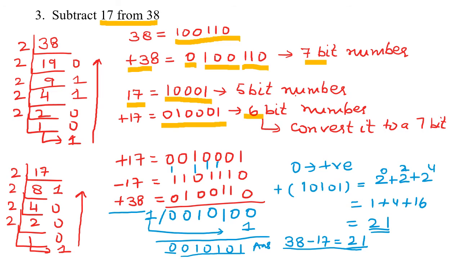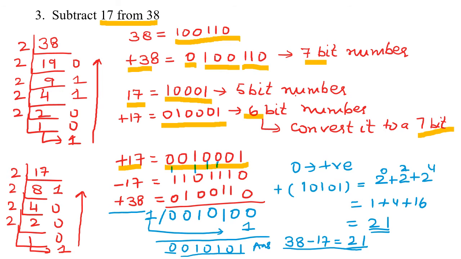To add the two numbers, first you will have to convert 17 to a 7-bit number. How to convert it into a 7-bit number? First write plus 17 as a 7-bit number by adding 0 in front of it. So it becomes 001 0001.